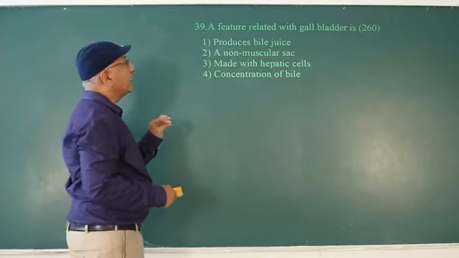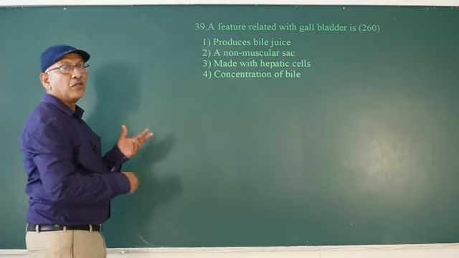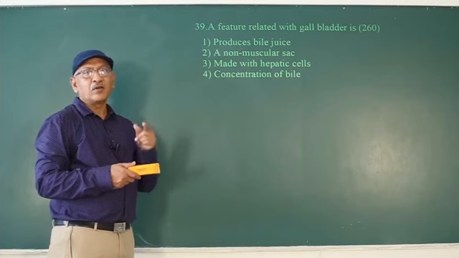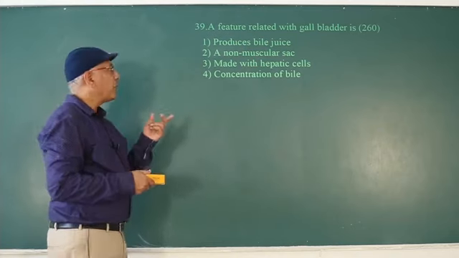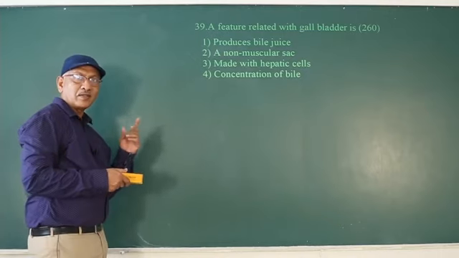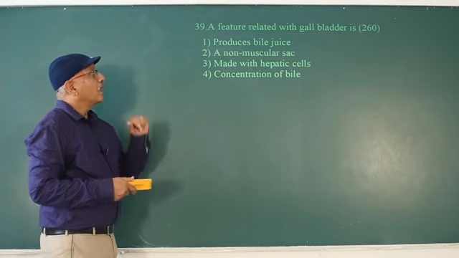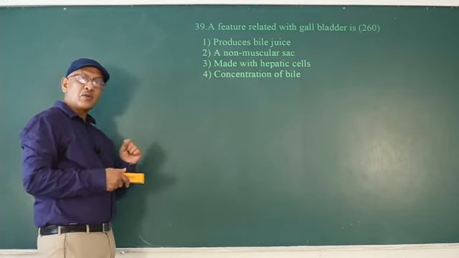A function related to the gallbladder is to produce bile juice. Bile juice is produced by hepatic lobules present in the liver, particularly hepatocytes present in the hepatic lobules. Hepatic lobules are the structural and functional units of the liver. So the gallbladder never produces bile juice. A non-muscular sac? It is a muscular sac.